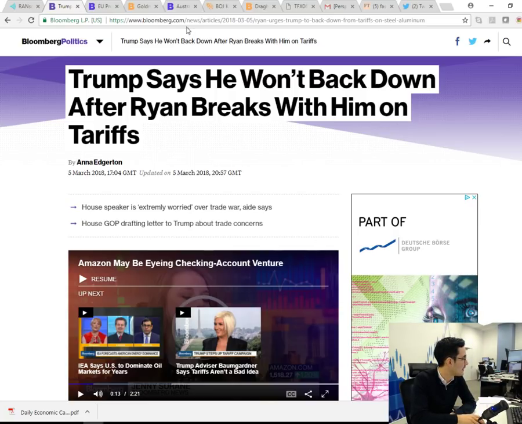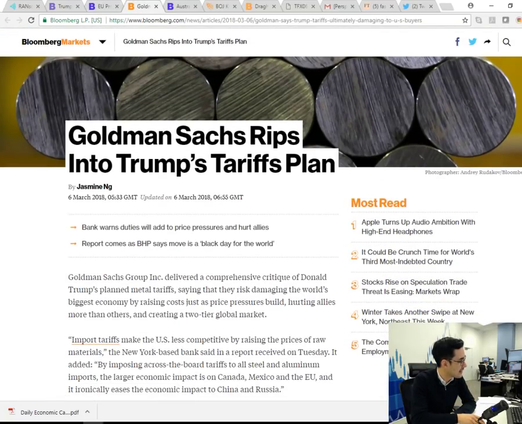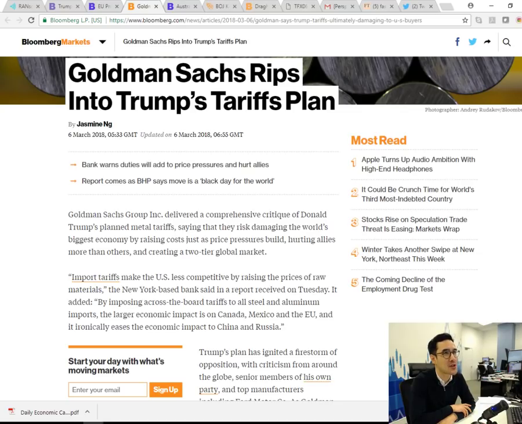So he's been condemned by pretty much every corner of his own political party as well as the opposition. Not only that, you've got the banks coming out and absolutely tearing into the implication that this would have as a self-inflicting step on the US economic performance itself. Goldman Sachs delivered a comprehensive critique of Trump's planned metal tariffs, saying that they risk damaging the world's biggest economy by raising costs just as price pressures build, hurting allies more than others and creating a two-tier global market.